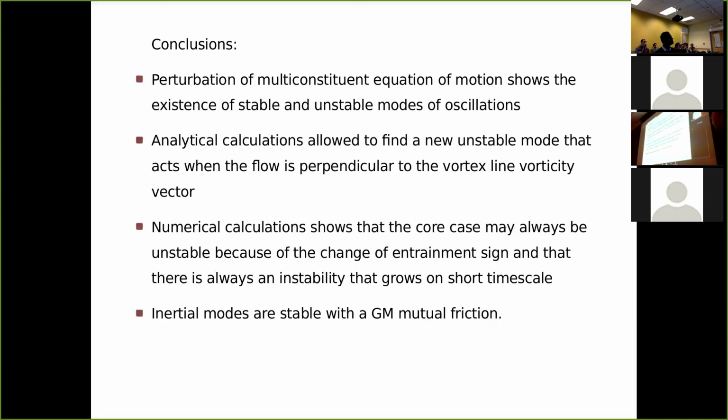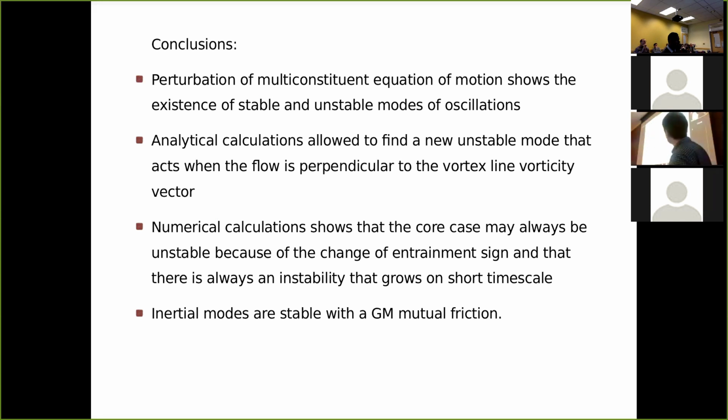And conclusions. So we show the existence of different stable and unstable modes of oscillations, and we were interested especially in unstable modes. And also we did some analytical and numerical calculations and found a new two-stream instability when the background flow oscillates in a plane perpendicular to the rotational axis of the star.